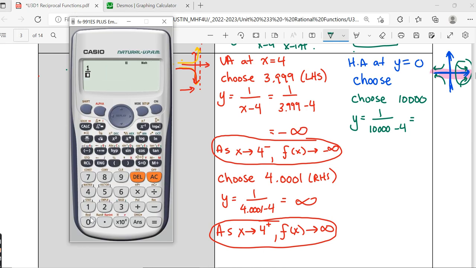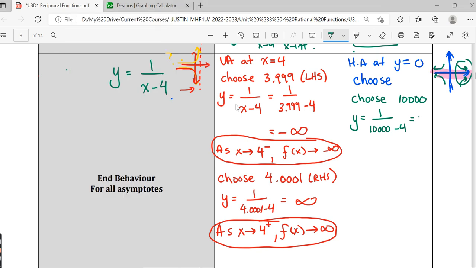In scientific notation, it essentially means it's about 0.0001, but the point being it's positive, right?